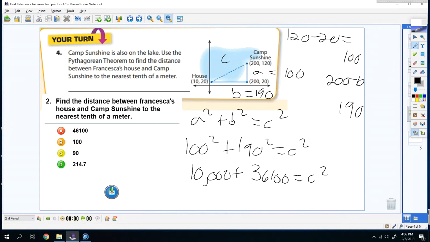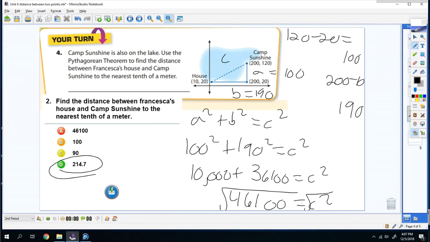You add that together, and you get 46,100 equals C squared. You square root that, and you get 214.7.